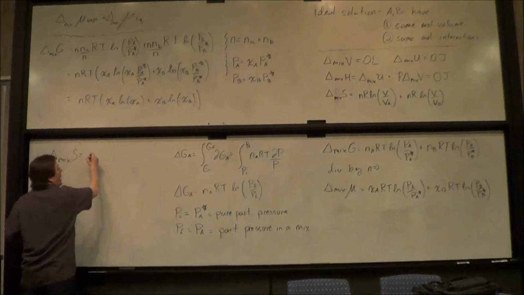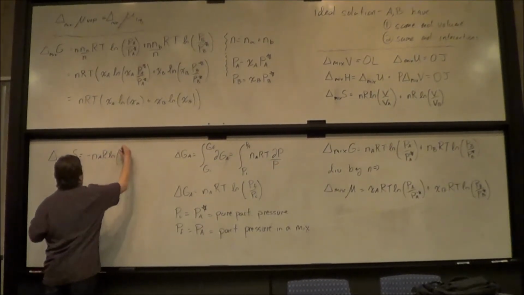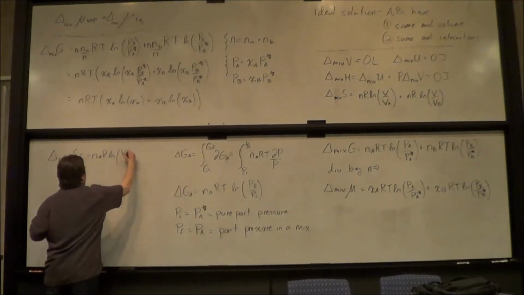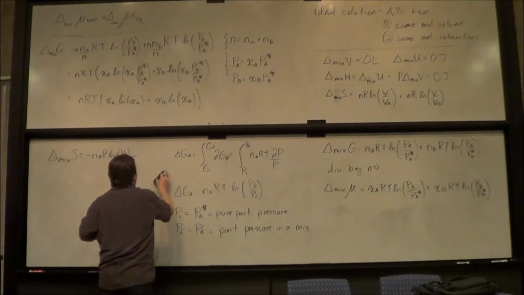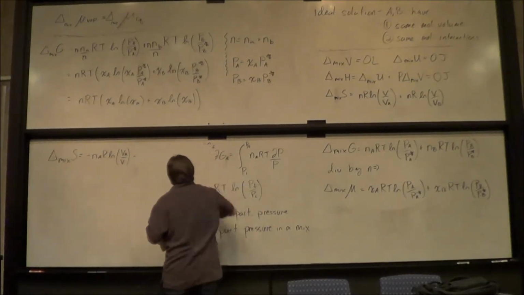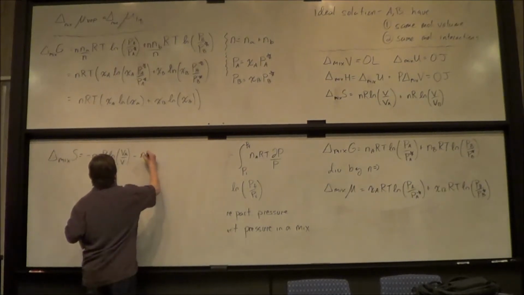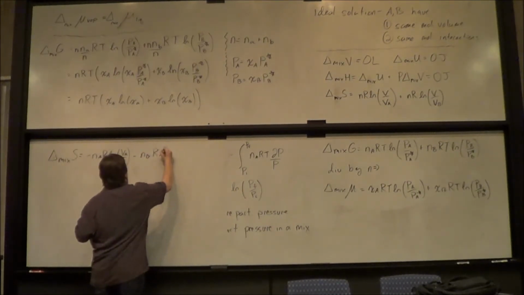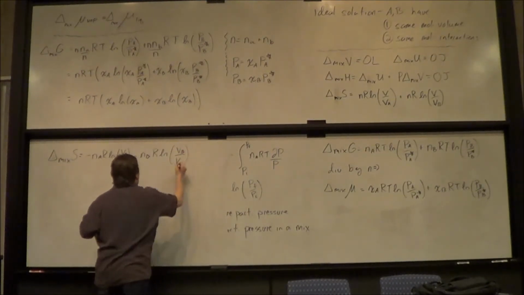I'm going to just put a minus sign, so that way I can flip V over VA, because that is just more familiar to me. I think I know what that is. And minus nB R ln VB over the total volume.